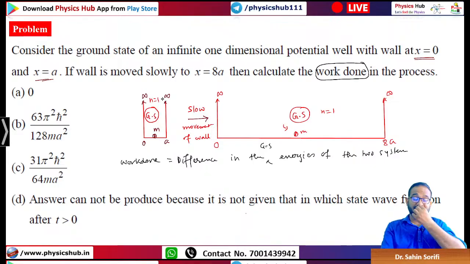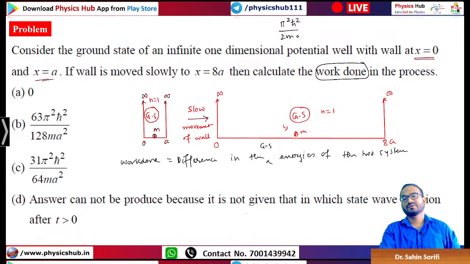Obviously the first one will have more energy, because you see n square pi square h cut square by twice m, let's say, width square. So in the first case width is a, so if something in the denominator is small, then the whole number is big, right?